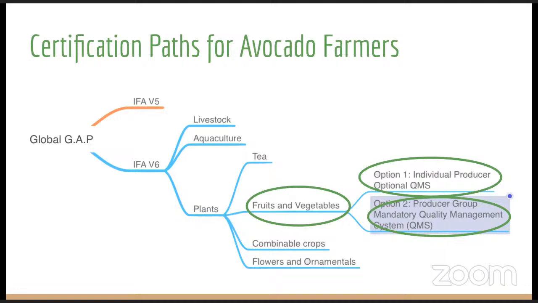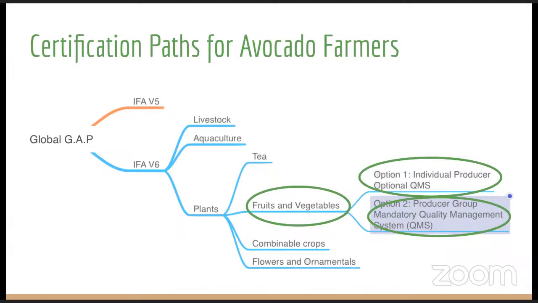And in that system, it will show that it's Tawaya Farms. I'll go with this option if I'm planning on essentially exporting avocados just as my farm, as an individual. I'm not working through any cooperative. I'm just working directly with the people I'm exporting to. That would be the option to go with.